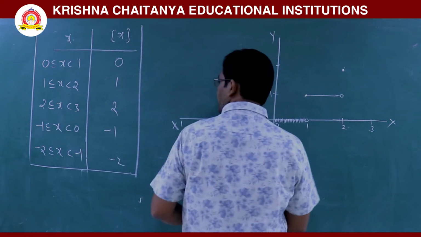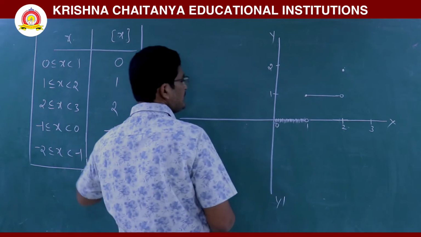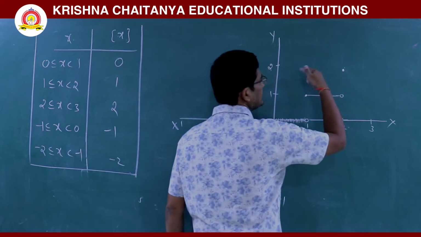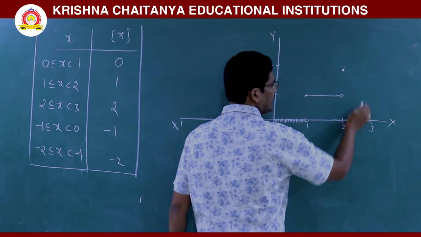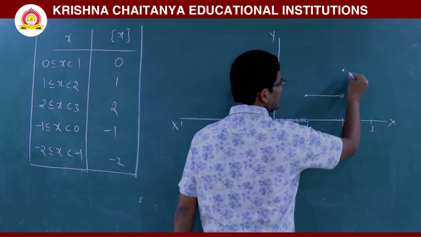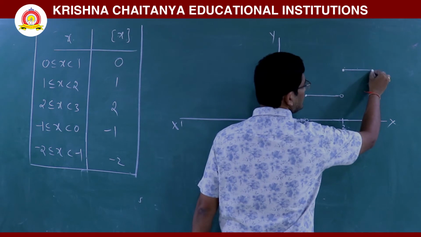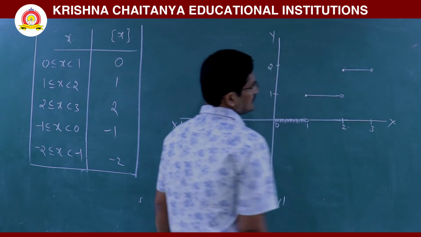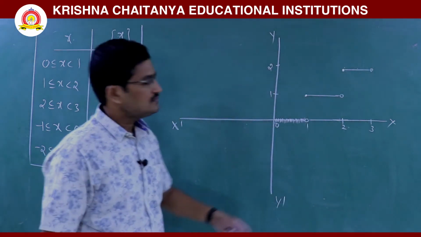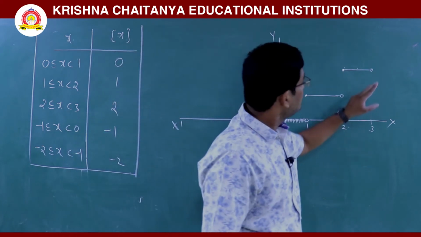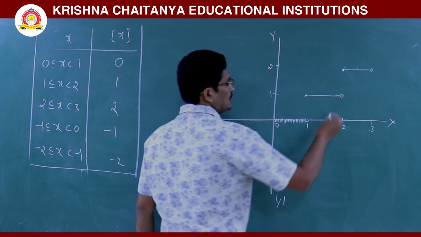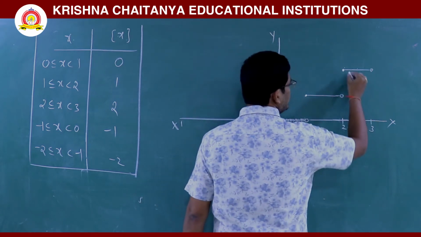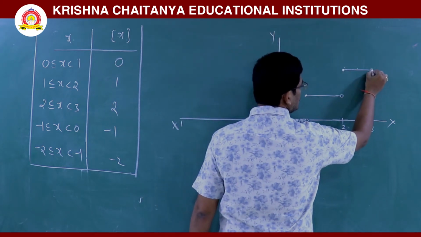At x equals 2, also step is 2. 2.1 step is 2, 2.5 step is 2, 2.999 step is 2, up to 3. But at x equal to 3 it's not 2. Then that one jumps to 3 there. Okay.